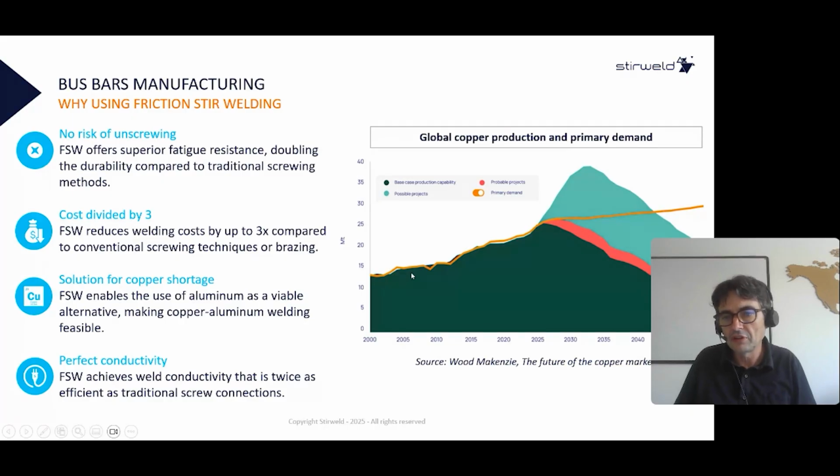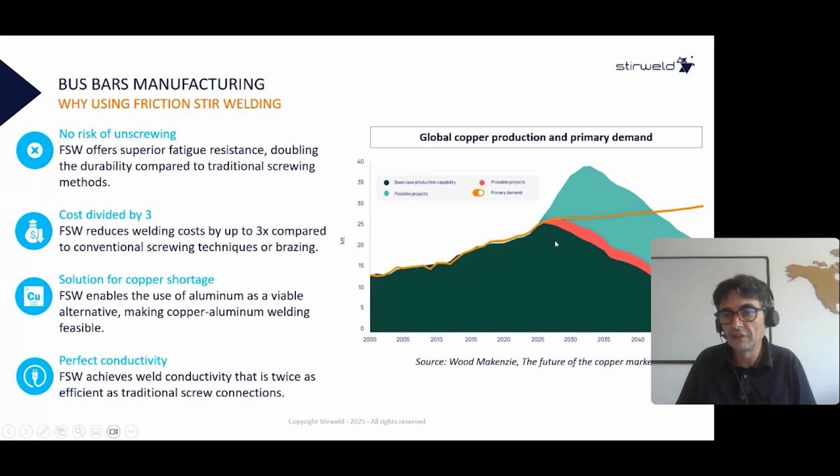The first result is this orange line, which is the primary demand. As we can see, humanity and industrial sectors require more and more copper. Why? Because we use more and more electricity to replace oil and to reduce our CO2 impact. So that is the first point.